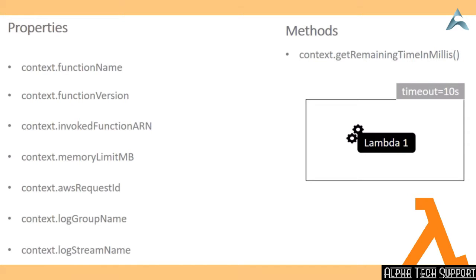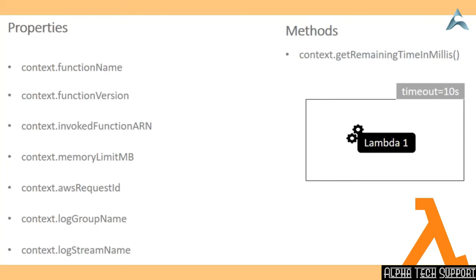We can check dependency based on a certain version. Similarly, each Lambda function has a separate Amazon Resource Name or ARN that can be obtained using the context.invokedFunctionArn property.